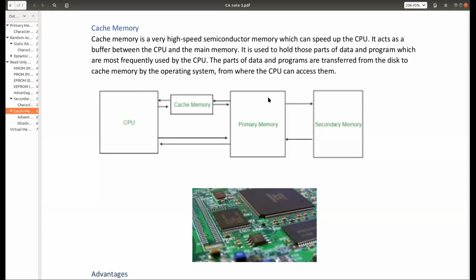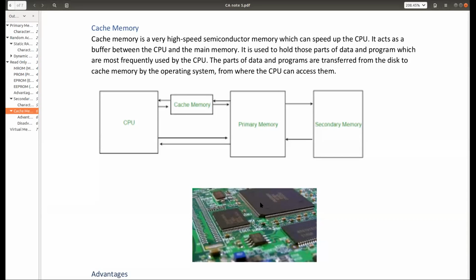And if you see, I have again shown you where the cache memory is and how it looks. These black chips, big chips, are basically cache memories on the motherboard, and also cache memories are present in the CPU.